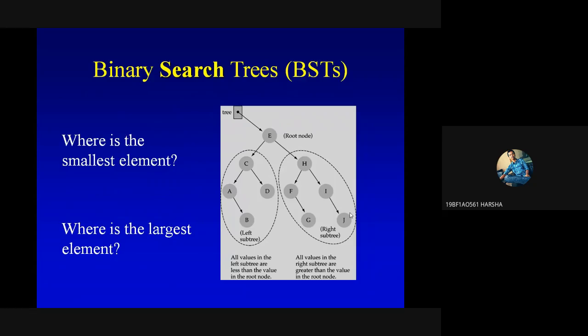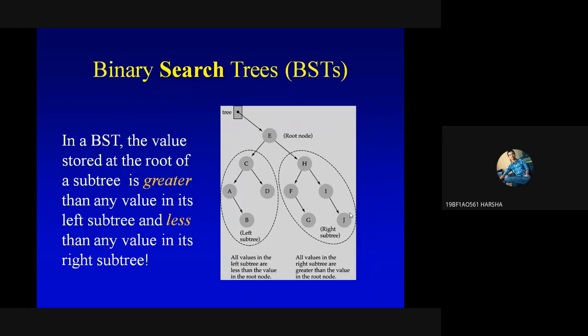These are the major operations we'll perform with the binary search tree. We'll see with an example how to construct a binary search tree and how to insert, delete, and search the elements in a given binary search tree.